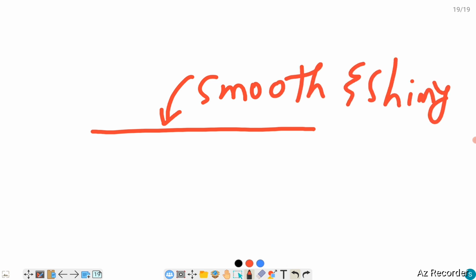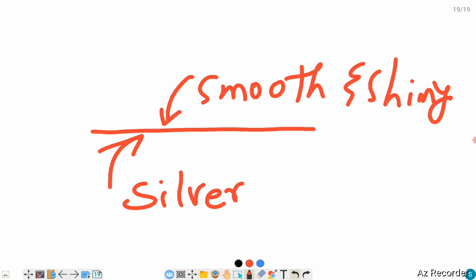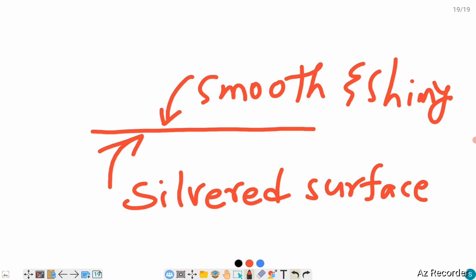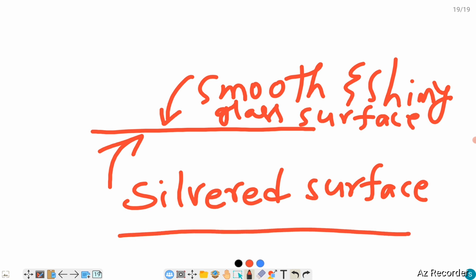If you see in your houses also, wherever you are seeing, that will be glass only. But behind this, there will be coated with opaque material, and that side we call it as silvered surface. Understood? Front side, what do you have? Smooth and shiny glass surface, and glass is transparent, correct? Now behind that you have silvered surface coated with some opaque material.